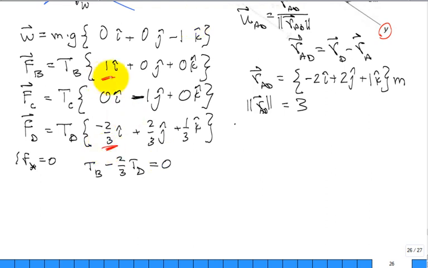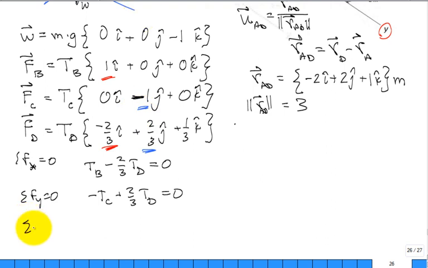Those are only two that have anything in the x. All right, let's do the sum of the forces in the y equal to 0. And the equation that we get is -TC plus 2/3 TD equal to 0. You just pick up this component and that component.